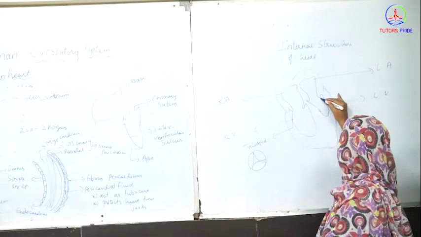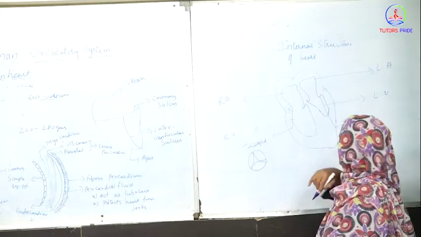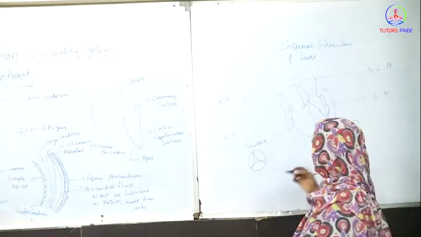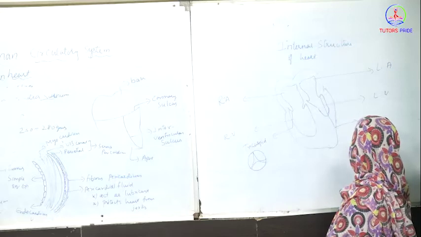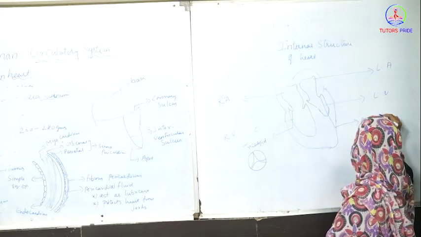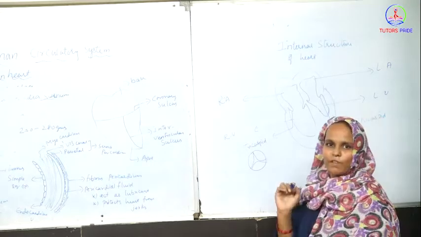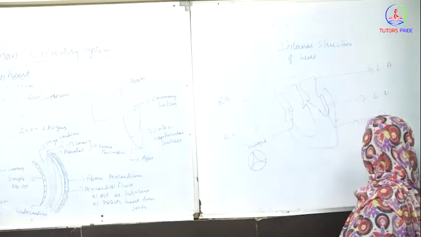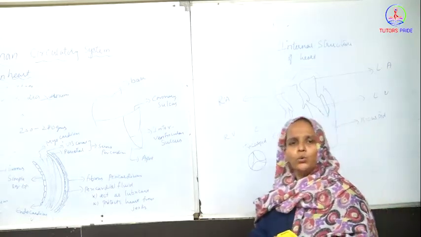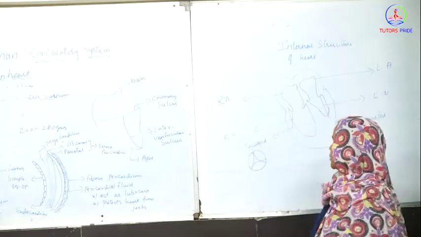And the valve between the left auricle and the ventricle is the bicuspid valve, and as the name tells, it has two cusp-like structures.